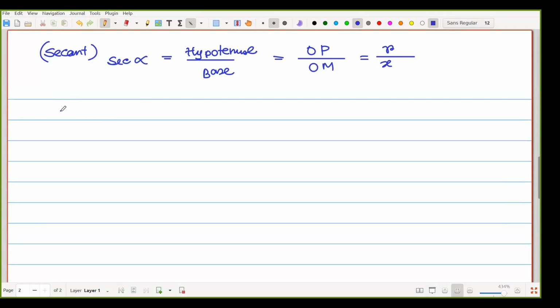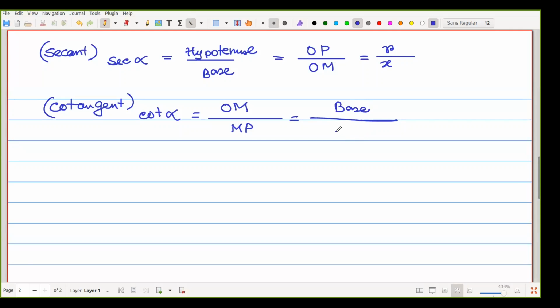And the final one is cotangent. In short, it is cot alpha. That means OM divided by MP, or base by perpendicular. Base means x, perpendicular means y.